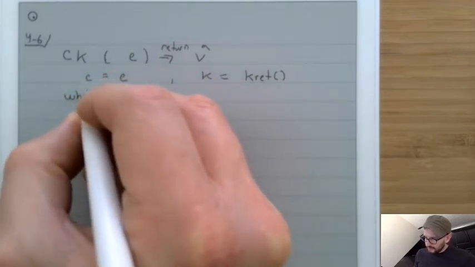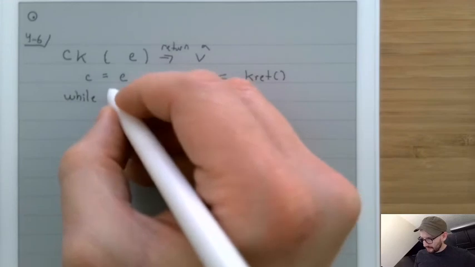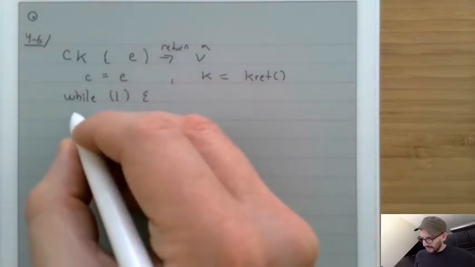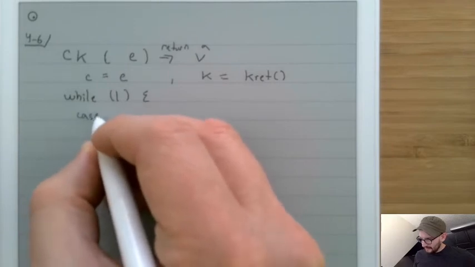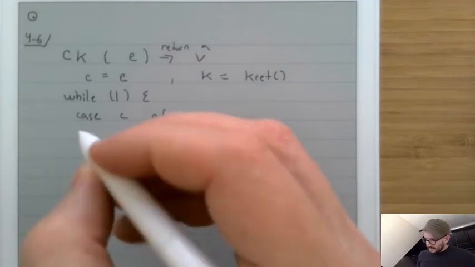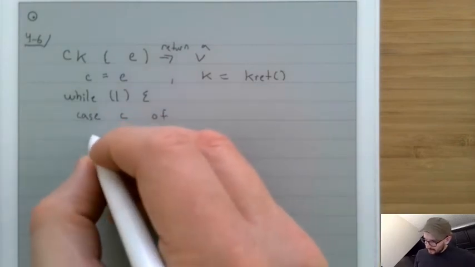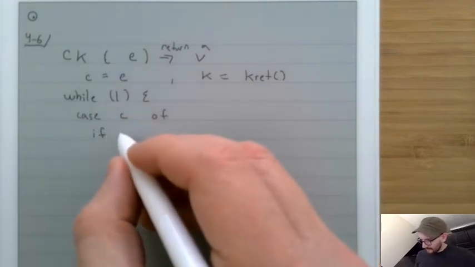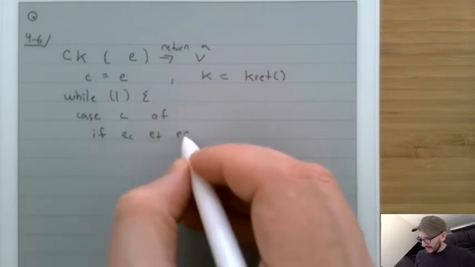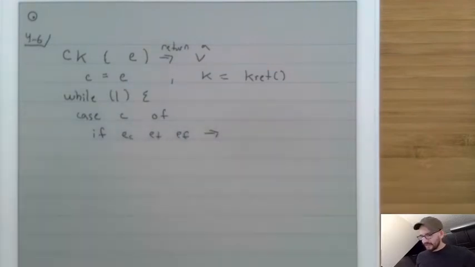And then we're going to say while 1, so we're just going to do an infinite loop, and case of c. Now, if we get an if with an EC, an ET, and an EF, this corresponds to rule 1 of the CK machine.